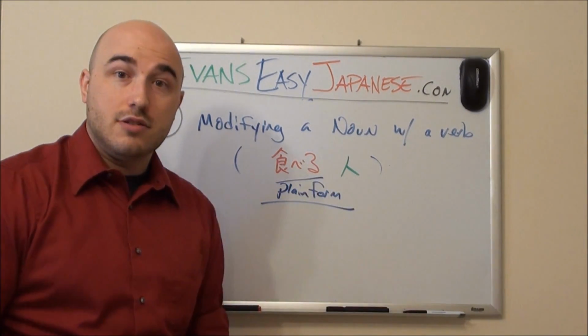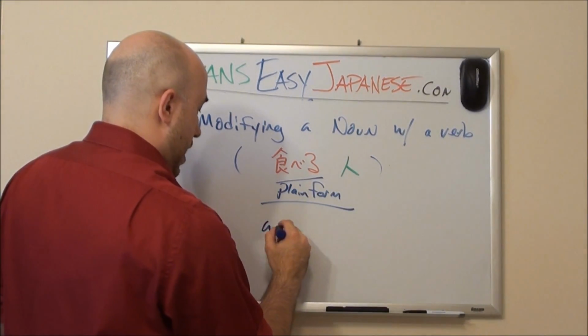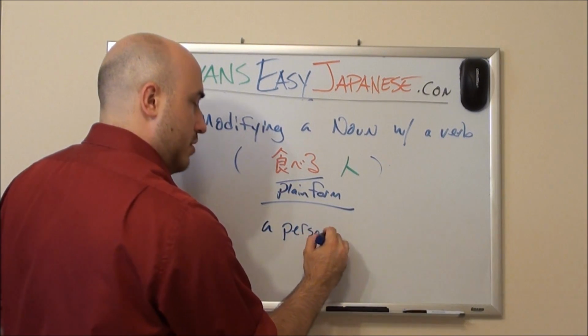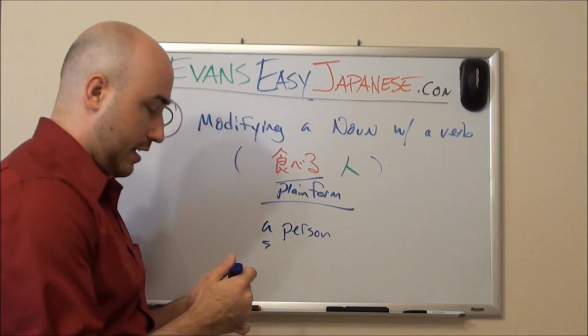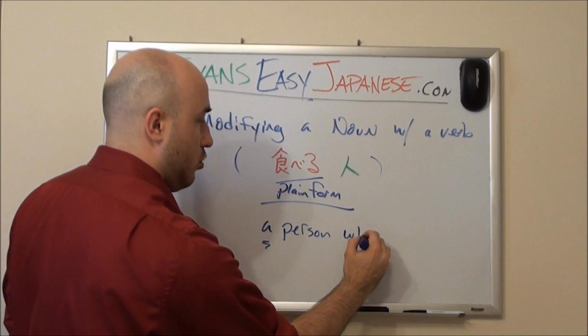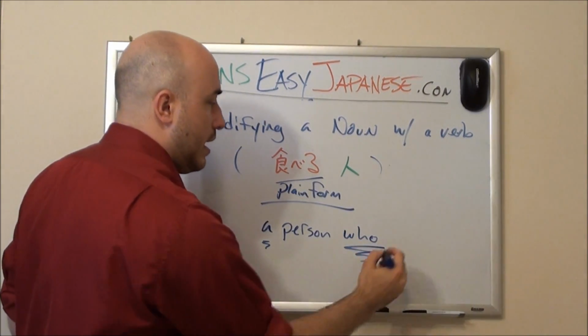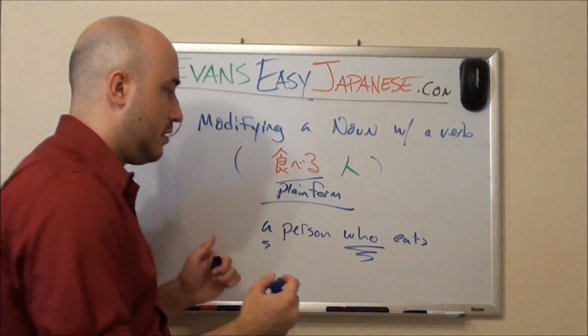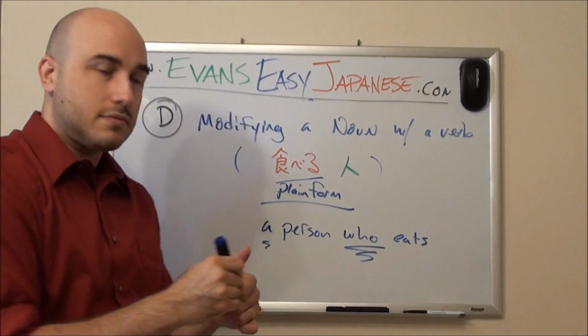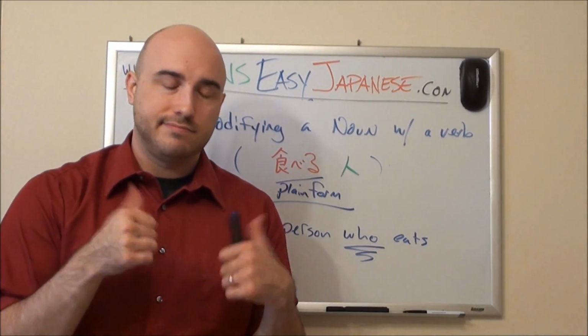Taberu hito we can translate as a person. We don't know if it's the person or a person. That's a little strange thing in English. A person who, in English we have to use this who, eats. Okay? A person who eats.